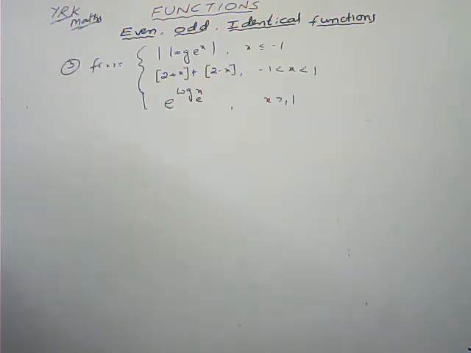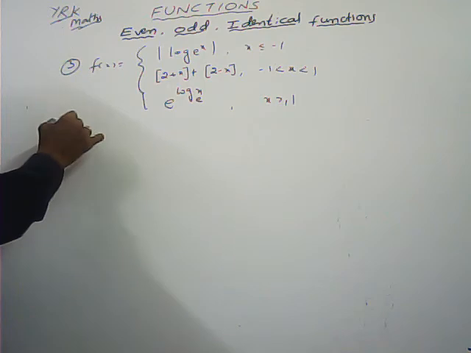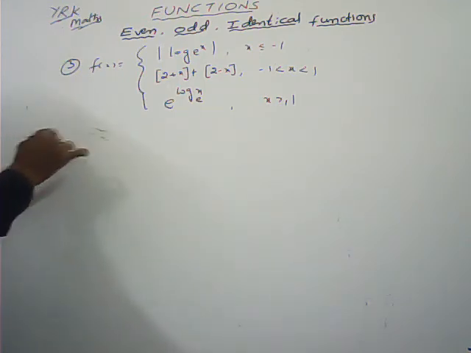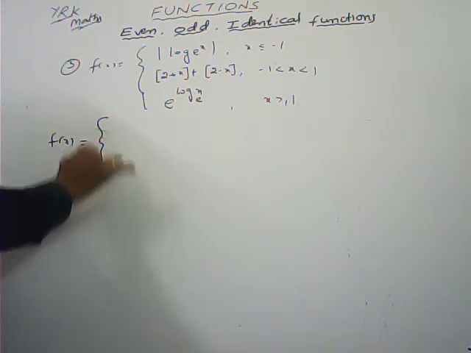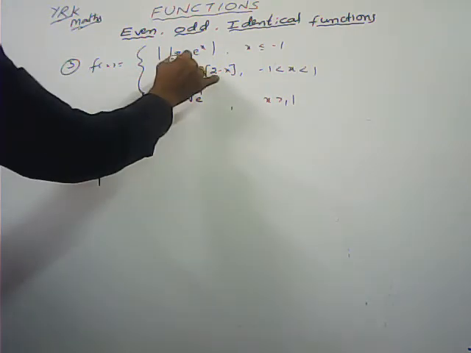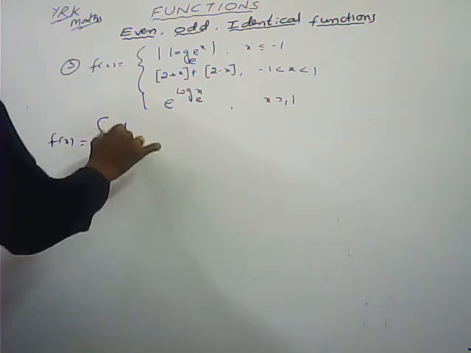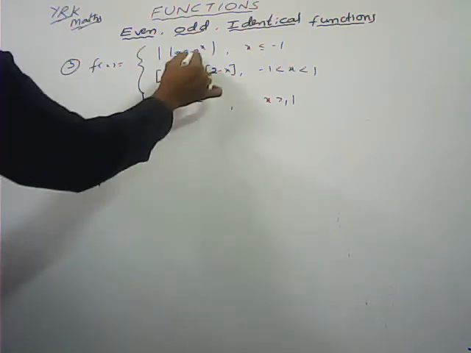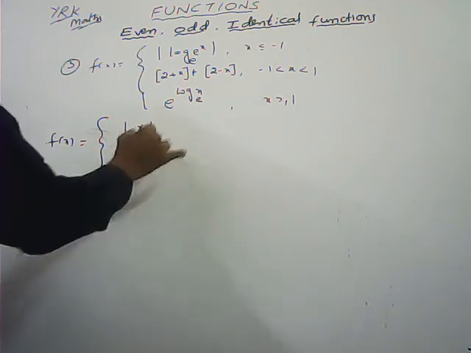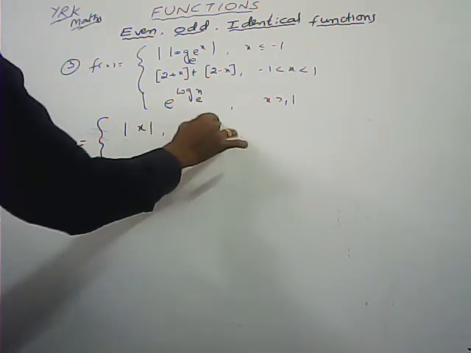Next question. Here this is the function given. Now we have to check whether the function is even or odd or neither. Now we can redefine that function. F of x is equal to, here nothing means base e only, log x power m we can write, here modulus x into log e to the same base, that is 1 only, for x less than or equal to minus 1.